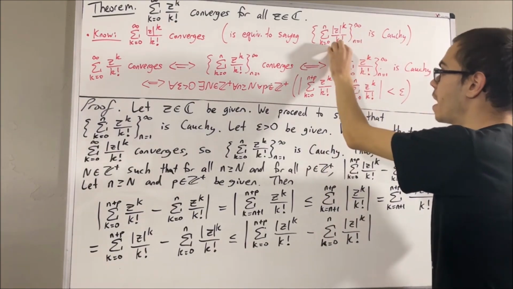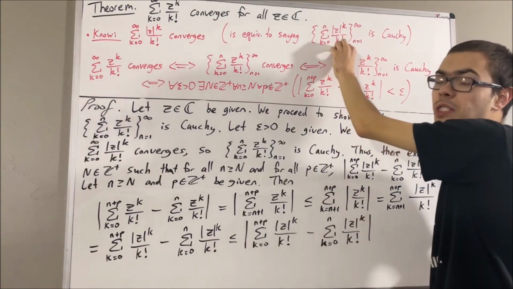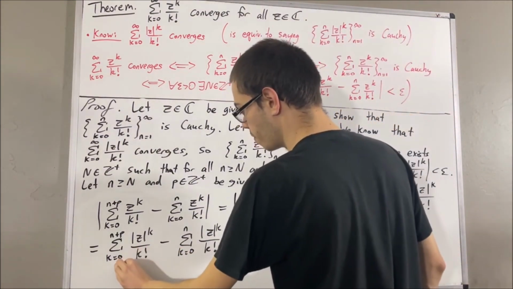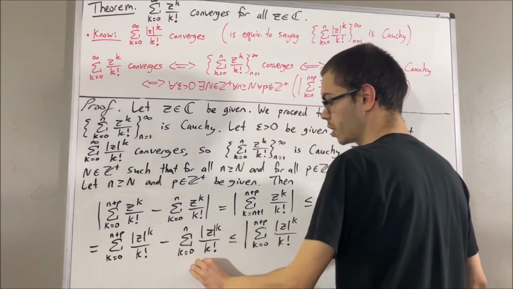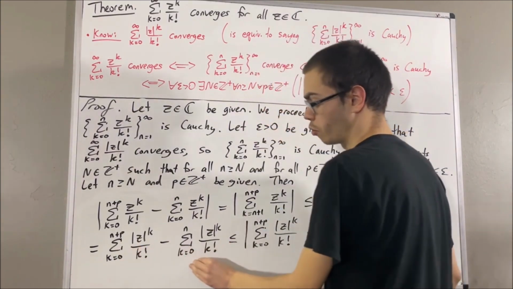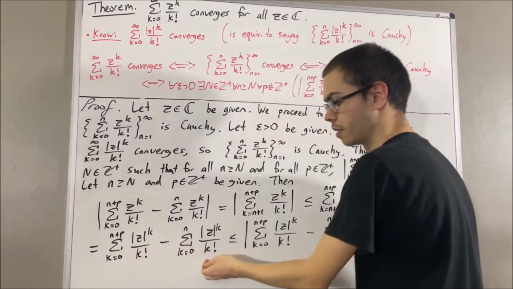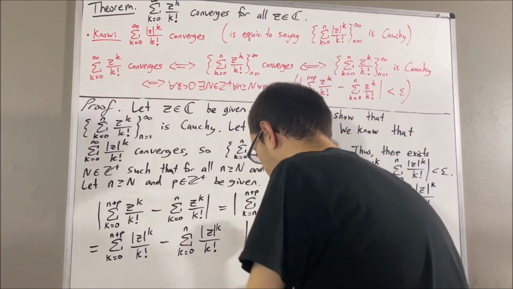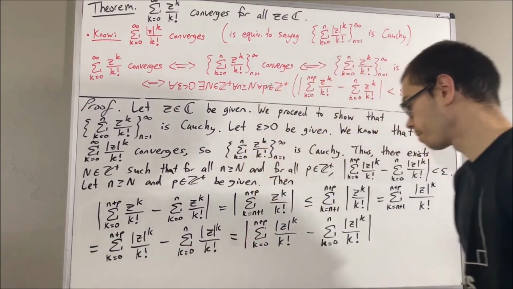Which means every term in the sequence is less than or equal to the term that comes after it. So since this term comes later in the sequence than this term, this guy must be greater than or equal to this guy. And so this guy is greater than or equal to 0, which means this is equal to its absolute value.